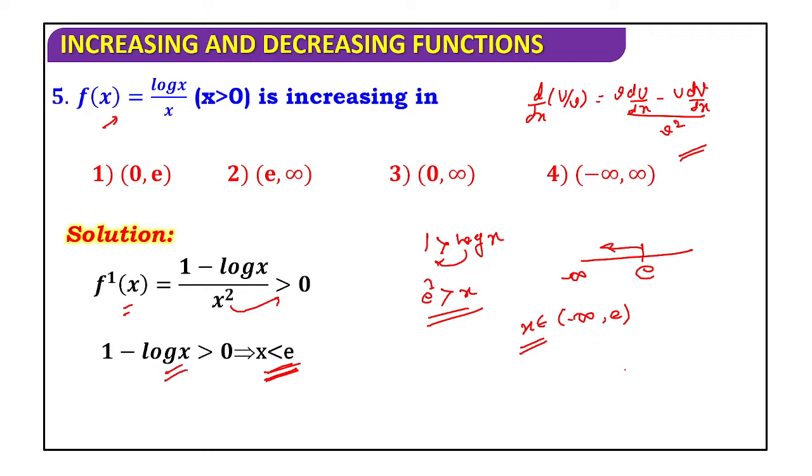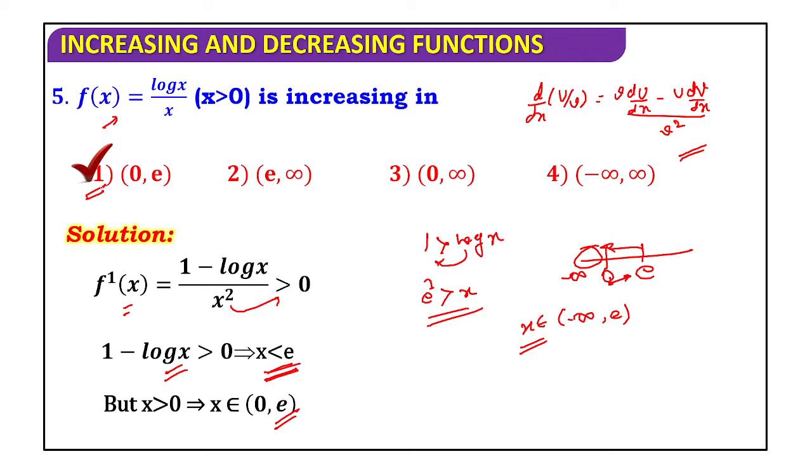So therefore, the answer will be from 0 to e, because it is not defined for the negative values. Clear? Okay. So now option 1 is going to be the right answer for the given particular function.